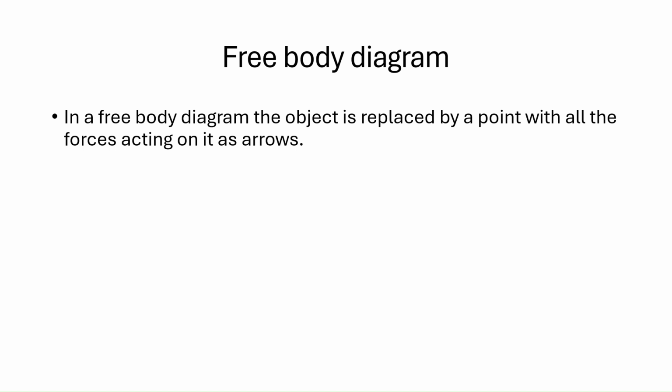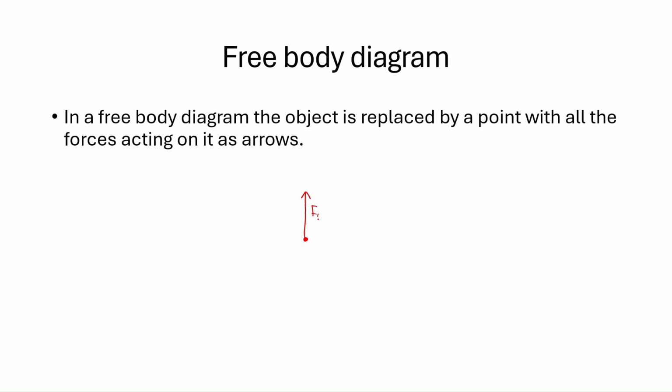So in a free body diagram, the object itself is replaced by a point with all the forces acting on it as arrows. So were I to draw the above force diagram as a free body diagram, what I will do is replace the block with a single dot and then draw all the forces there as well.